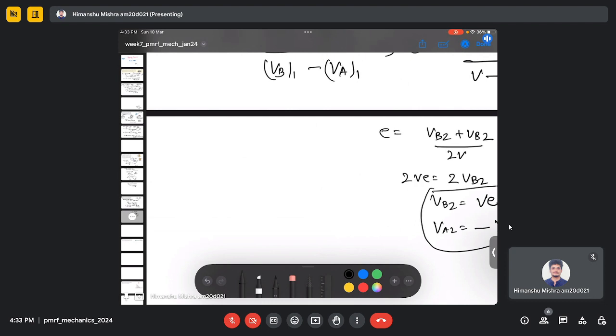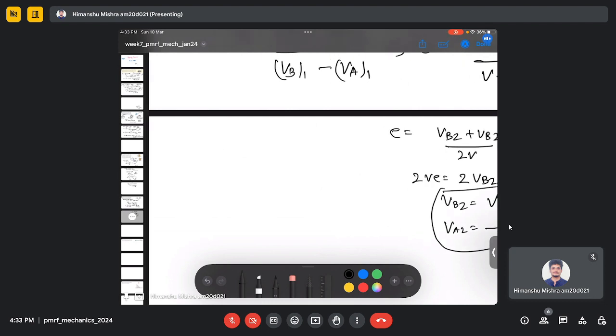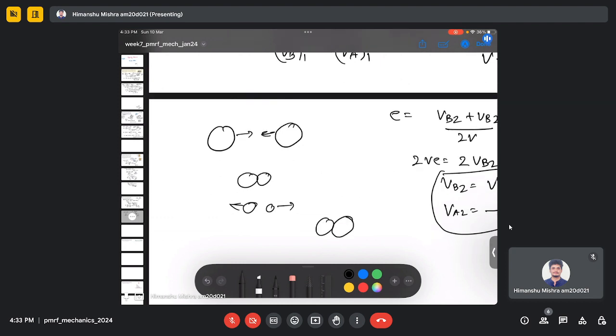Now when there is a maximum deformation, what happens is that the two bodies will approach each other, and at maximum deformation, after collision, they will not move apart from each other, unlike in the previous case. What happens after their collision?